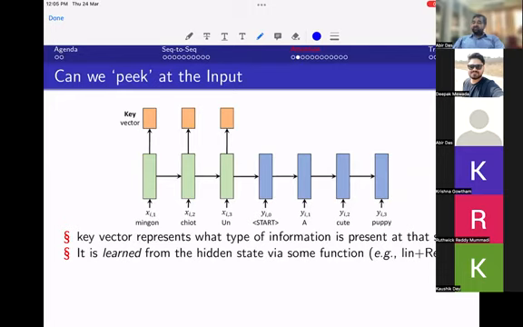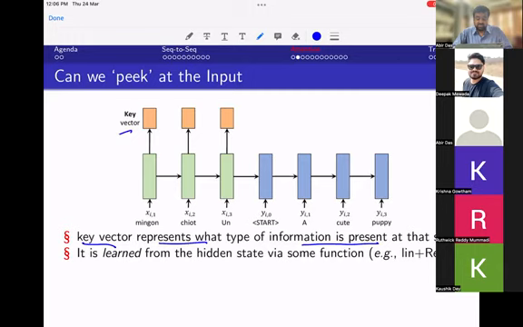Let us take our encoder decoder model. When we are encoding, we actually output some small piece of information which is called the key vector. This key vector basically represents what type of information is present at that step during the encoding time.